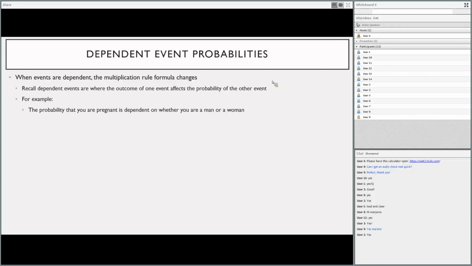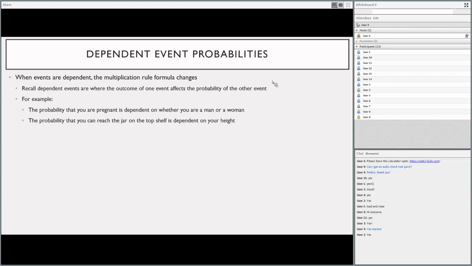Now all of a sudden the probability has changed, right? Now you know that the probability is 0 because I told you that the person I was talking about was a man. So those two events are dependent because the fact that I knew that it was a man changed the probability that the person in question might be pregnant.